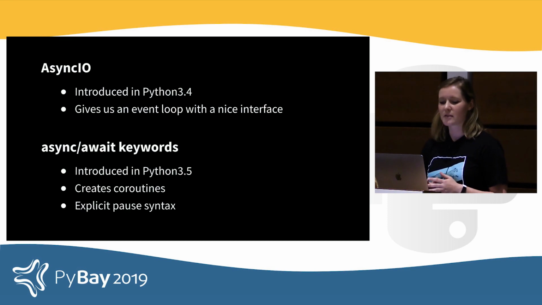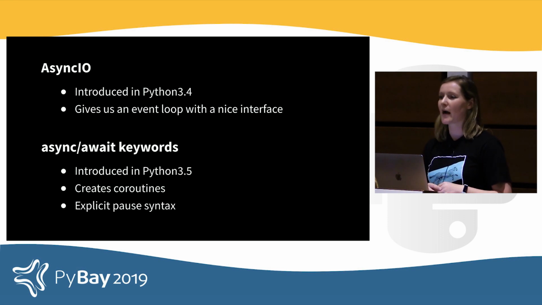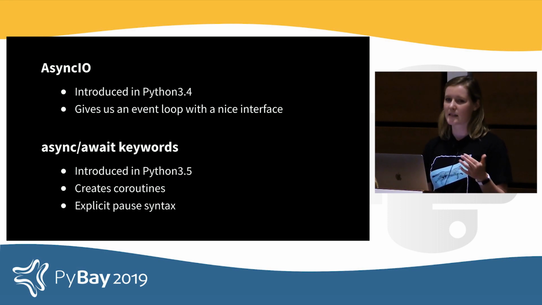First, a little background. Async IO was introduced in Python 3.4, and it gives us an event loop. Async and await keywords were introduced in Python 3.5, and they create coroutines with this pause syntax. I found it interesting to learn that Async IO and the async await keywords were actually released in different versions of Python, meaning that it's possible, albeit less clear, to use Async IO without async def and await keywords.